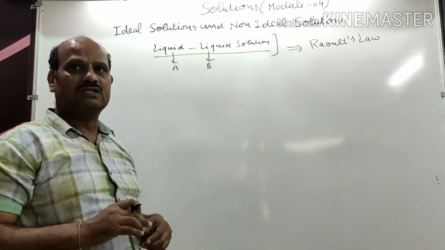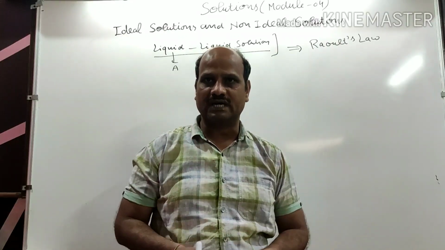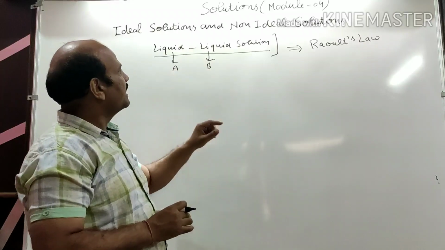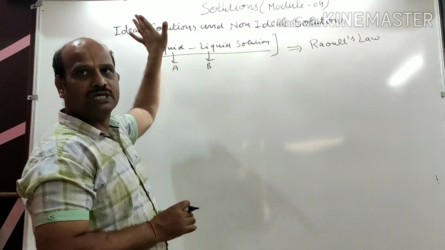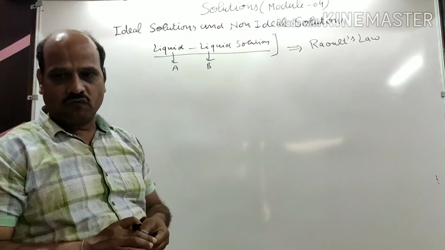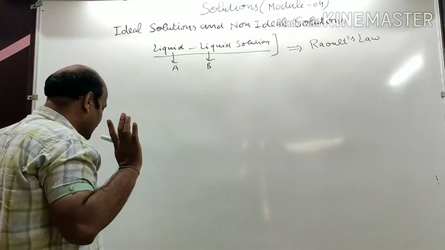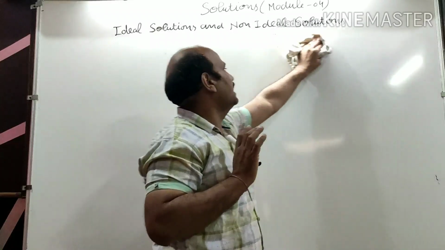When in a solution both components are volatile, in such cases we can divide such solutions into two categories, ideal solution and non-ideal solution. That is why we are discussing ideal and non-ideal solutions. First I will take ideal solution.